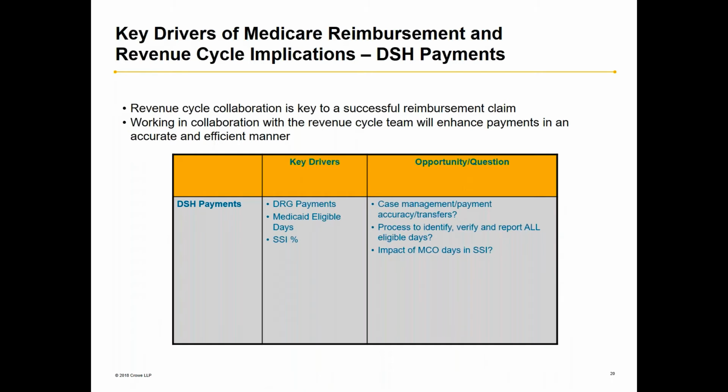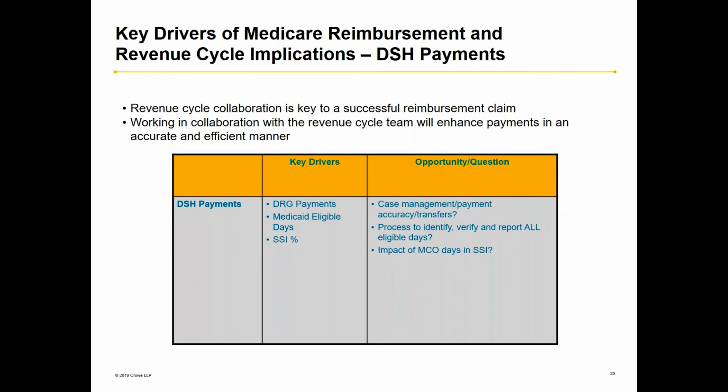So just a couple things to take into consideration when we're talking about this is that, again, here's some of those key drivers. What can we do to get these key drivers as high as we can? What can we do to make sure DRG payments are as high as they should be, and Medicaid eligible days are as high as they should be? Again, that collaboration, working with the revenue cycle team, that revenue cycle process that we mentioned, front end and back end especially.